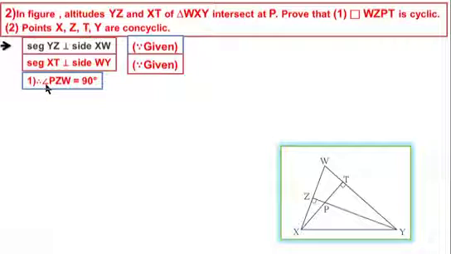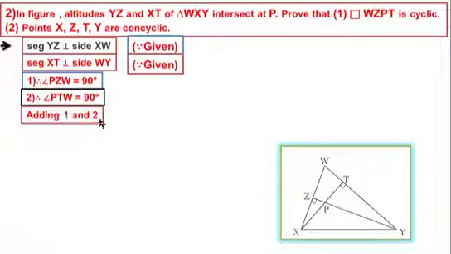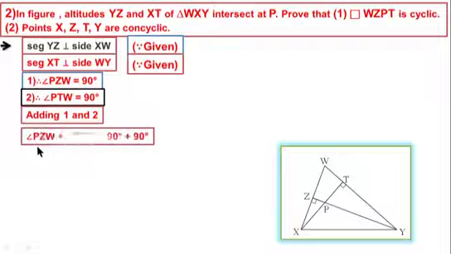Statement number 1. Therefore, angle PZW is equal to 90 degrees. 2. Angle PTW is equal to 90 degrees. Adding 1 and 2, angle PZW plus angle PTW is equal to 90 degrees plus 90 degrees.